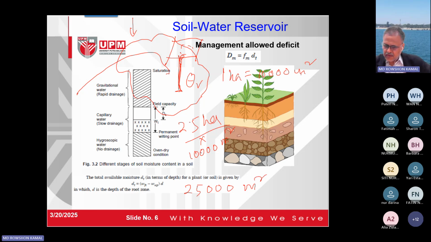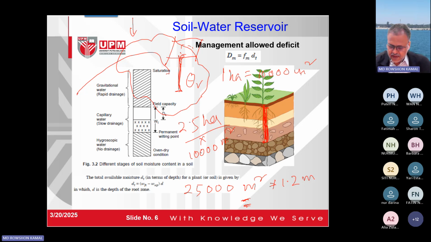I'm not talking about outside, I'm talking about your field. Let's say you are growing a crop, and you know the depth of the root zone, let's say 1.2 meter.